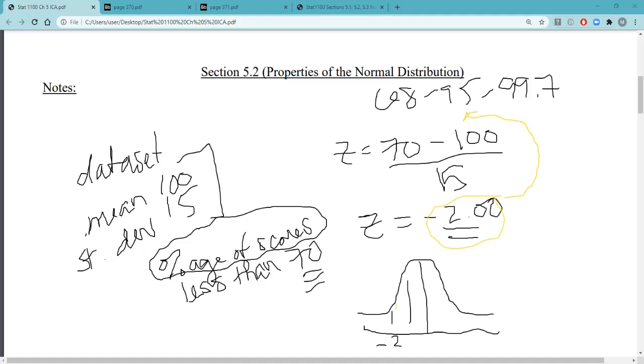We know we have the 47.5% here and the 50% here. I'm looking for what is remaining, because I want the percentage of scores that are less than that z-score of -2.